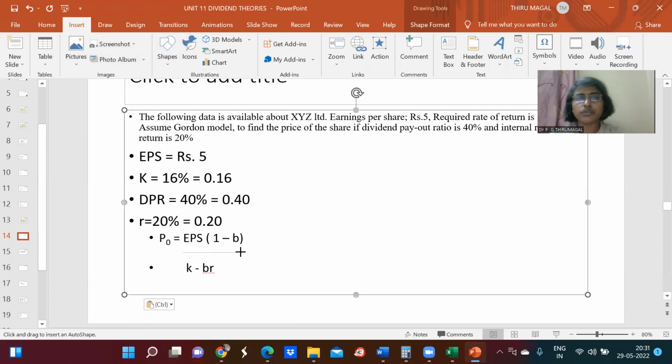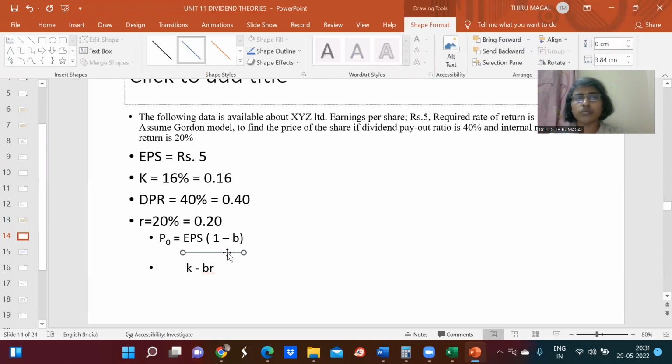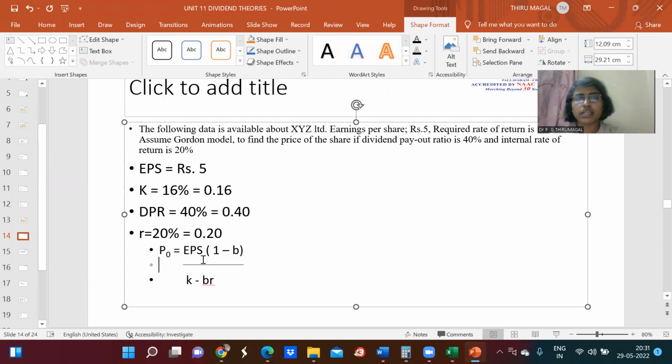This is the formula which is used to find out the share price of the firm using Gordon model. So now when you check this formula, what are the data available? EPS is given. EPS is 5. Instead of EPS, let us mention 5 into 1 minus B. B is nothing but retention ratio. Since dividend payout ratio is given, we have to find out B. B equal to 1 minus dividend payout ratio.